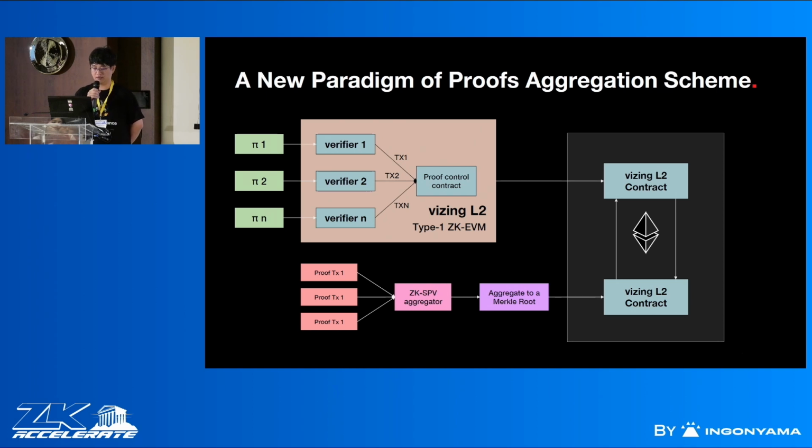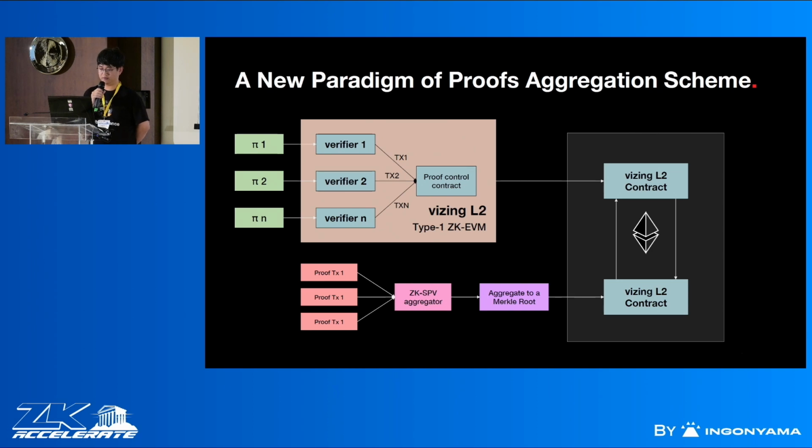Our Vizing layer 2 will be a type 1 ZK EVM, and in our type 1 ZK EVM we will have a proof control contract. The user just needs to deploy their solidity verifier on Vizing, and just submit the proof to the verifier on Vizing.